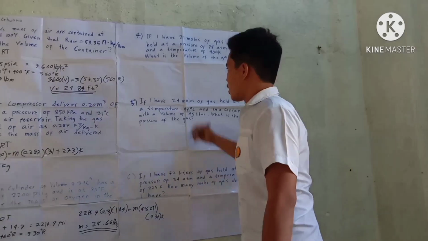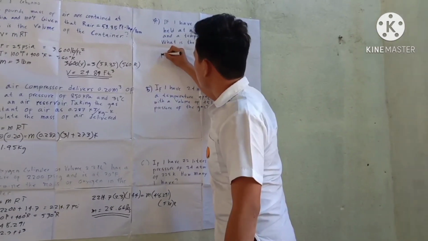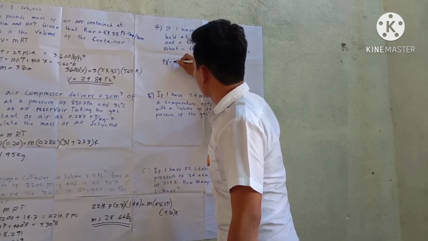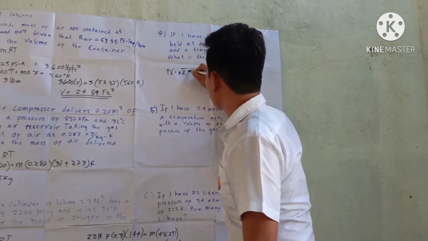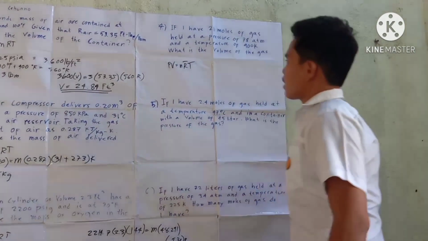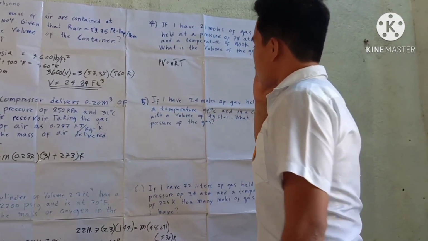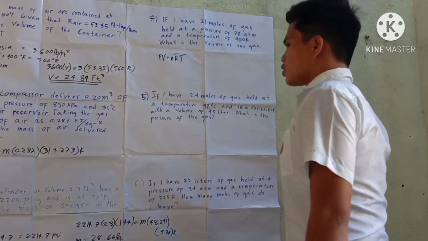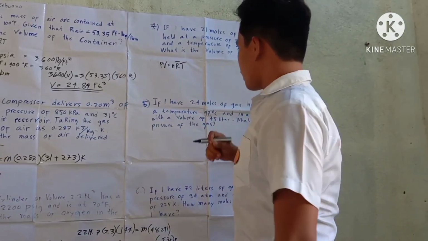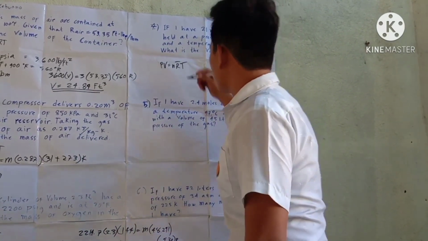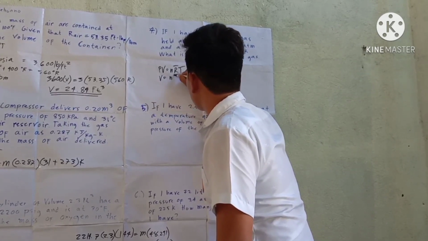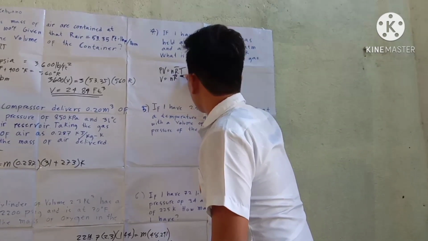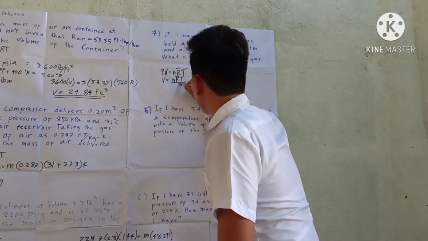So using the formula of PV equals nRT, number of moles times universal gas constant times temperature. So in order to get the volume, we need to use this formula by converting it: V equals nRT over pressure.